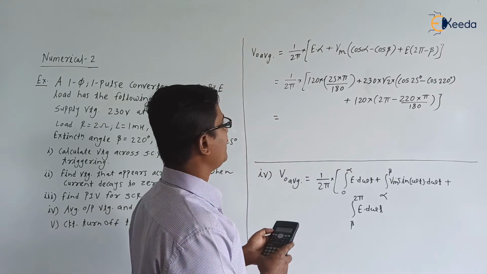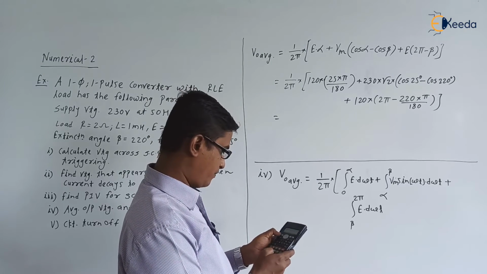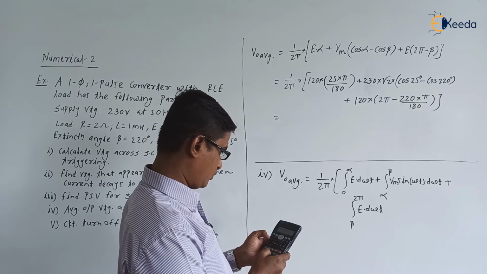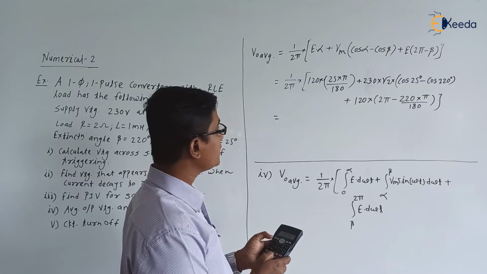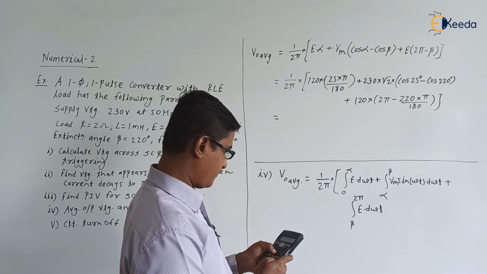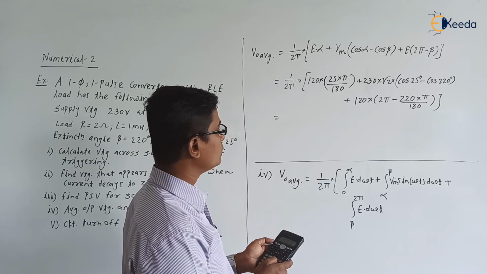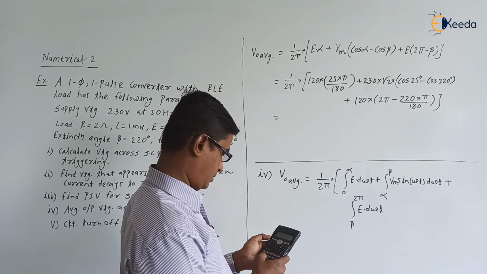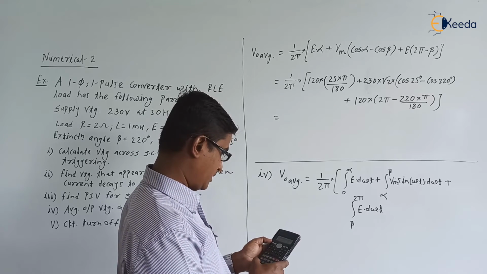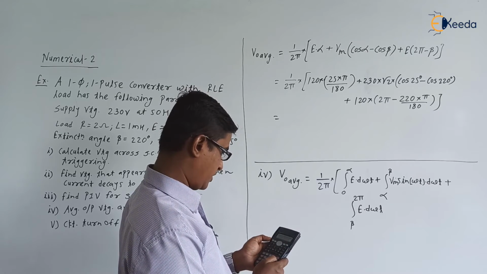Next, from this we can write it as 120 into 25 into pi divided by 180, plus 230 into root 2 into cos 25 minus cos 220, plus 120 into 2 pi minus 220 into pi divided by 180, divided by 2 pi.